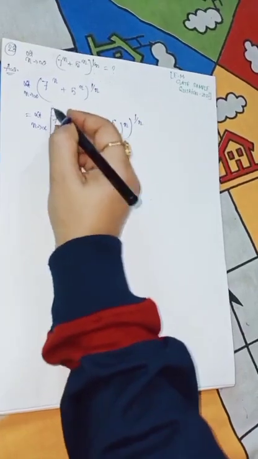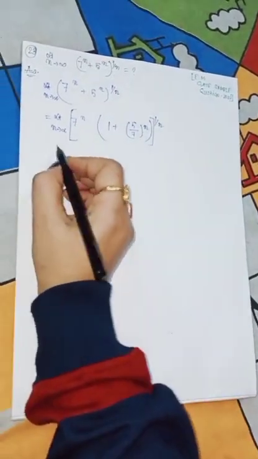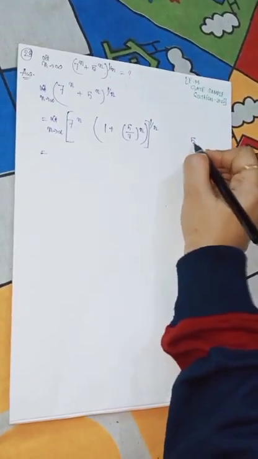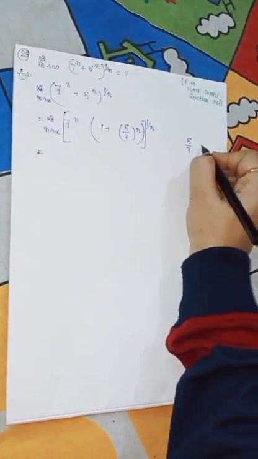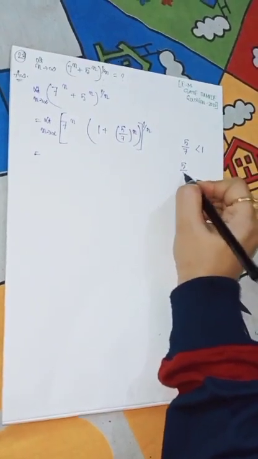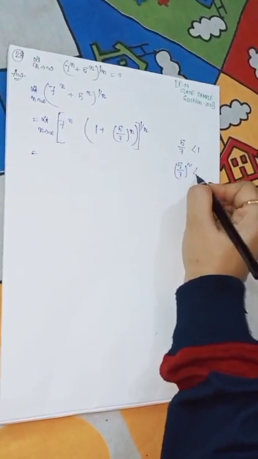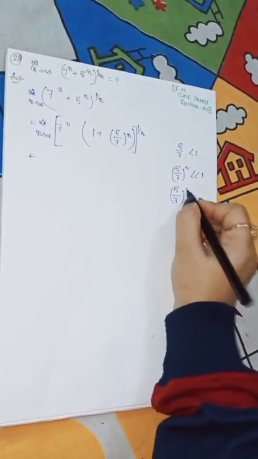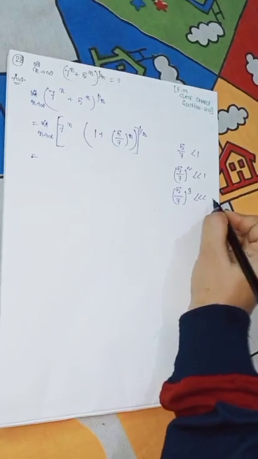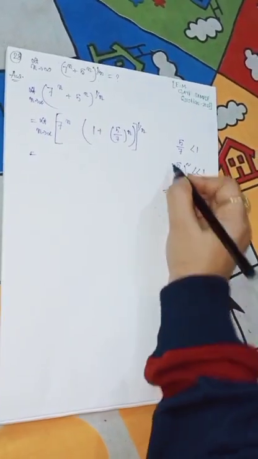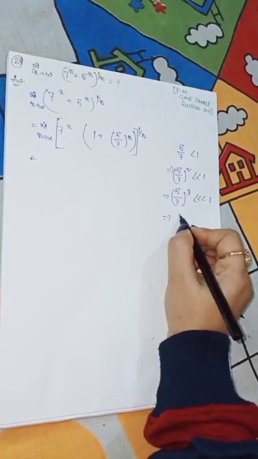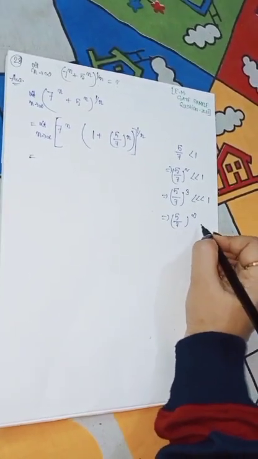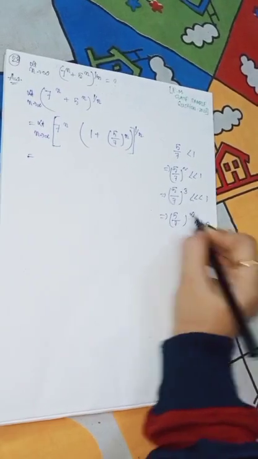Now look at this: 5 by 7 is less than 1, (5 by 7) square is more less than 1, (5 by 7) cube is more and more less than 1, and (5 by 7) to the power infinity is almost equivalent to 0.